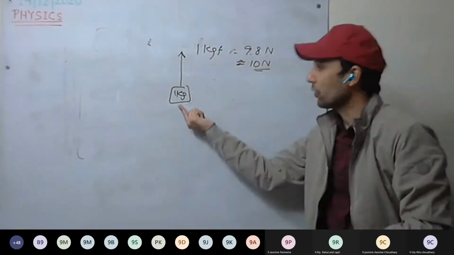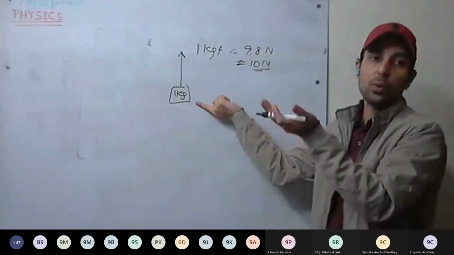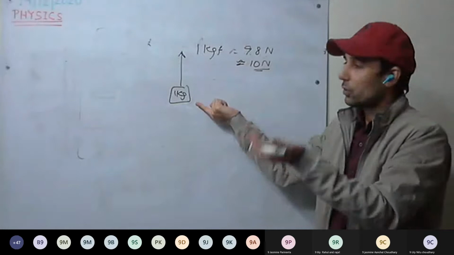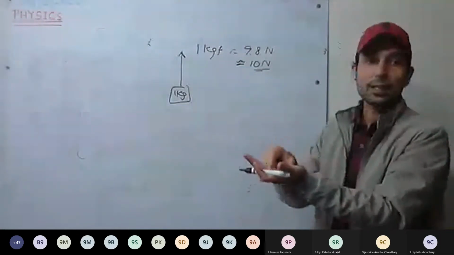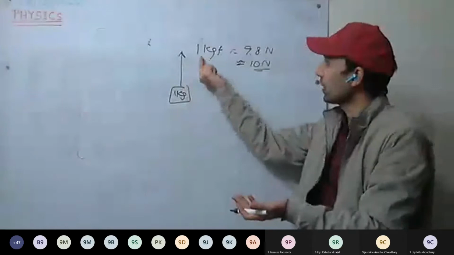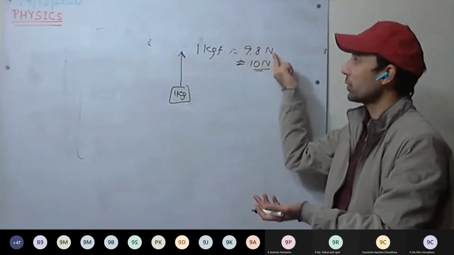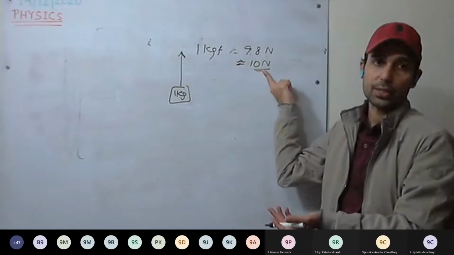This is clear? So if you're holding a mass of 1 kg in your hand, how much force do you have to apply on that mass to keep it in your hand? You'll be applying upward force, and that force will be equivalent to 1 kgf, which in terms of Newton is 9.8 Newton, or equivalent to 10 Newton.